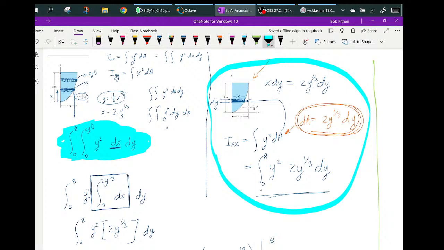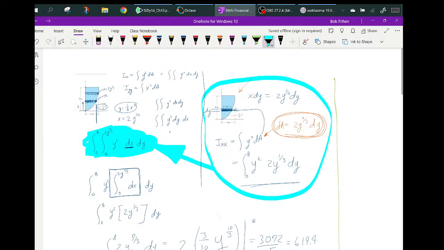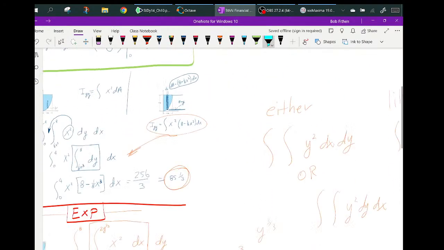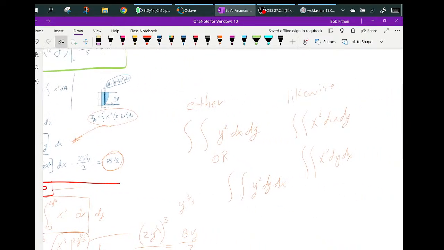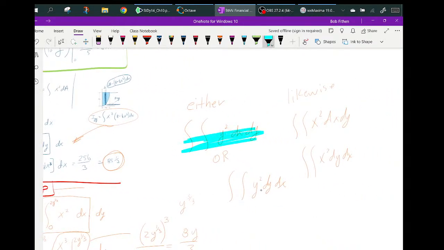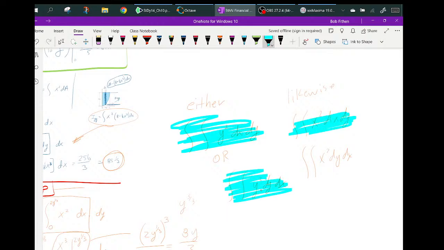So when I'm faced with doing an integral like this, I go to this immediately, or I go to the other form of it, either this one, or that one, or that one, or that one.